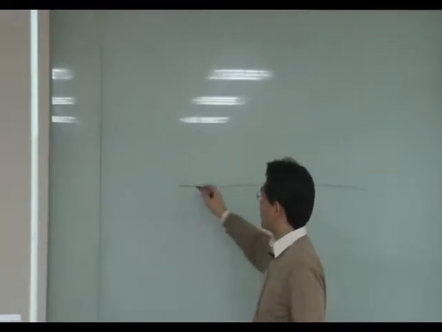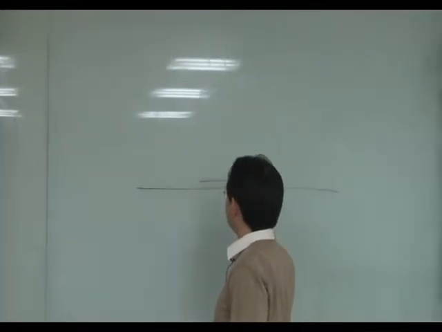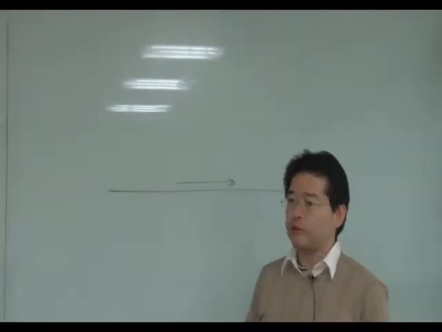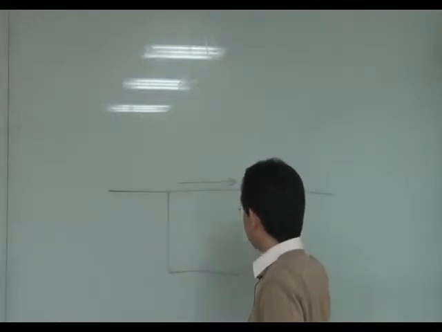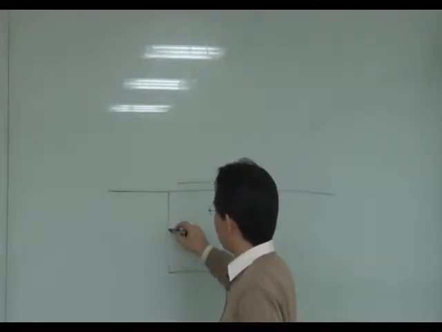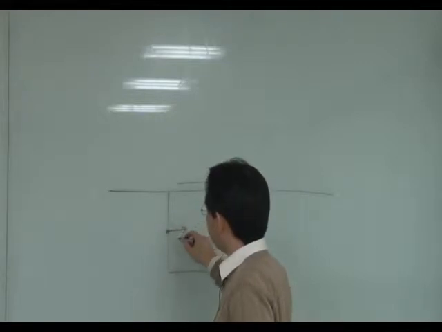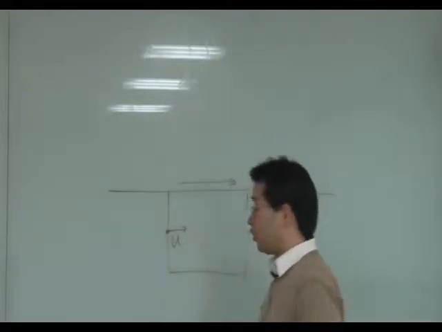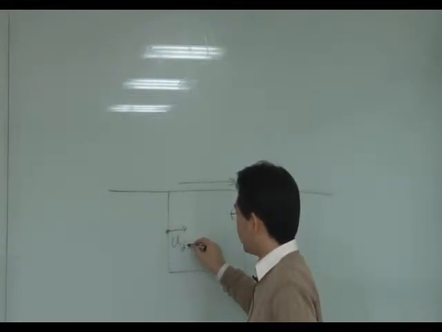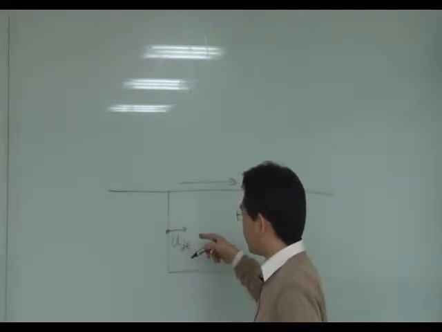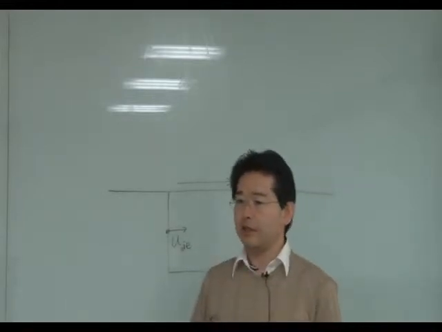This line is the top boundary of the simulation, and you have the U component velocity, and the J index of this position is JE.